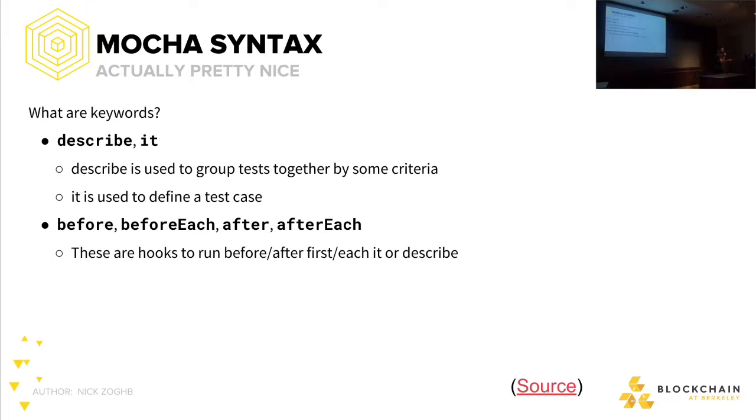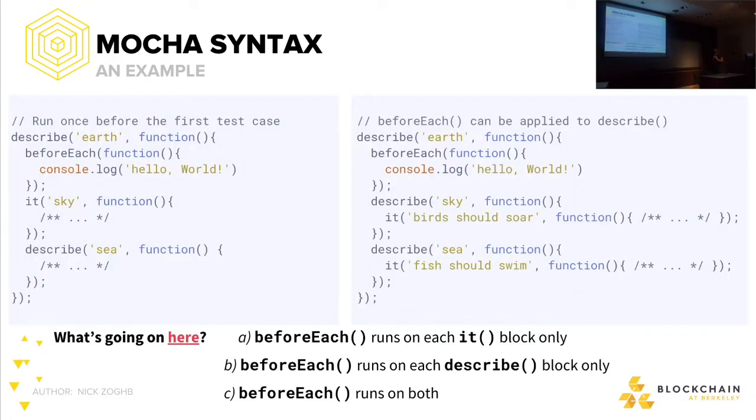Cool. So here's a question for you folks. We have two examples. And the syntax, again, is somewhat convoluted for first-timers. But do try and see if you can guess A, B, or C whether the before each hook would run once for each describe and once for each it, or once for each describe, or once for each it.